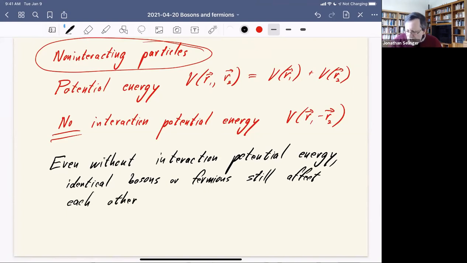And the word that people use for this effect is called exchange.